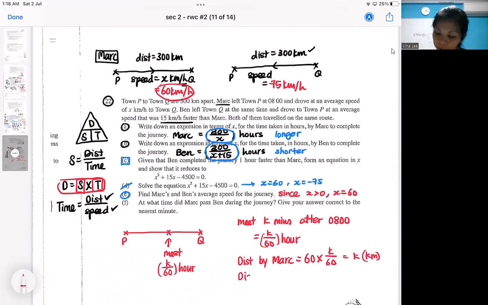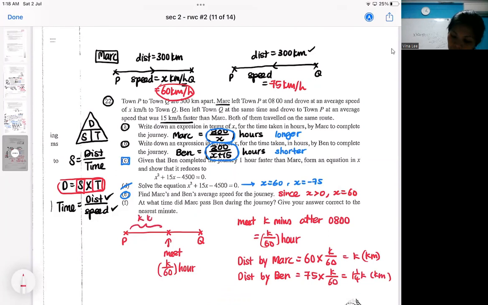Okay, so what is the time for the other person, by Ben? His speed is 75. So from here, you will get 1 and 1/4 K kilometer. That means this part here is K kilometer, and this part here is 1 and 1/4 K kilometer.